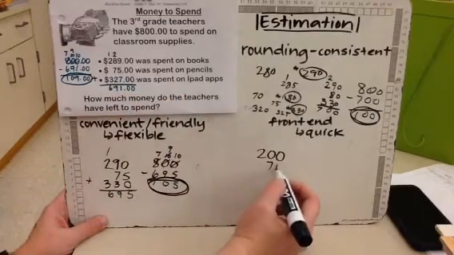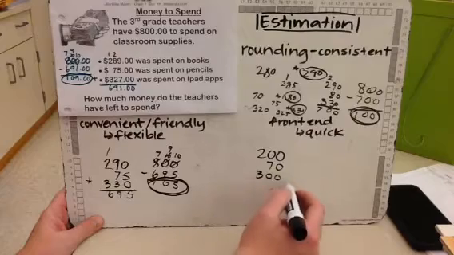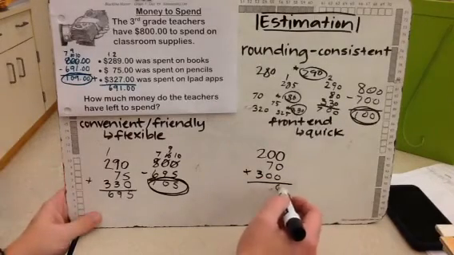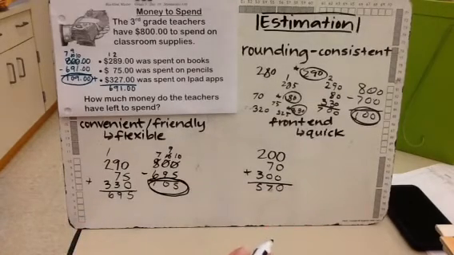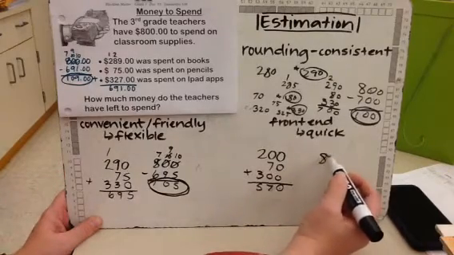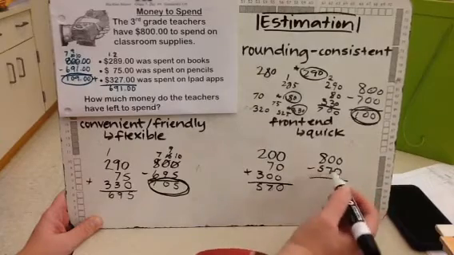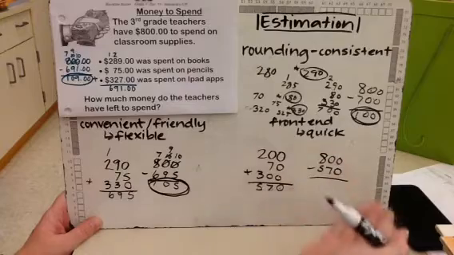289 would go front end to 200. 75 would go to 70. And 327 would go to 300. So if I add up here how much money we are estimating we are going to spend, it's $570. Now I need to subtract that 570 spent dollars from the amount we have, which is already a front-end estimated number, 800.